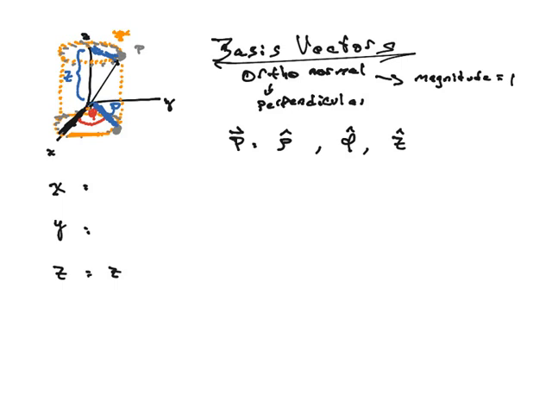If I want how much is in the x direction, this part of it, well, here's my phi angle. This is my hypotenuse rho. So the x component that's adjacent to the angle, that's just rho cosine phi. And for y, of course, same kind of a thing.